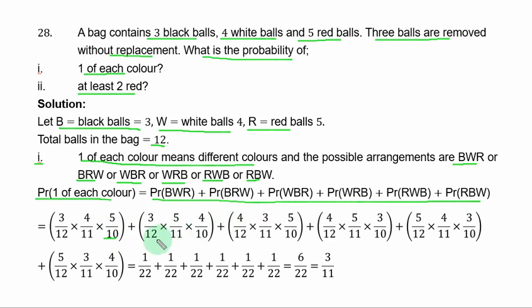The first one is this, the second is this, the third is this, you have the fourth, the fifth, and the last one. If you simplify each of the brackets, you have 1 over 22 plus 1 over 22, and so on. You have like fractions. If you add the numerators, you have 6 over 22, which reduces to 3 over 11.